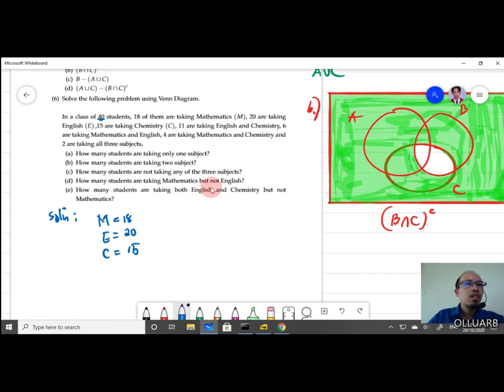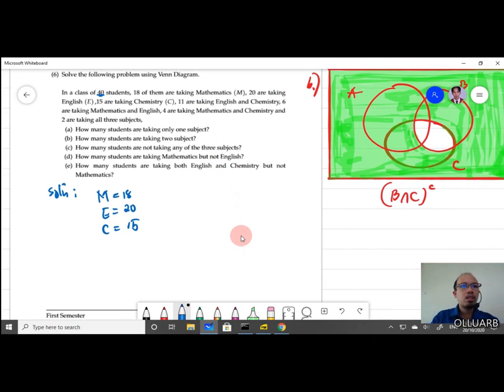Okay, and then 11 are taking English and chemistry. So English and chemistry, the intersection is 11.